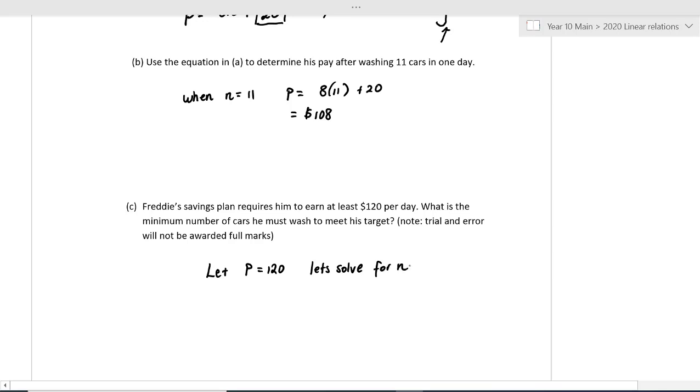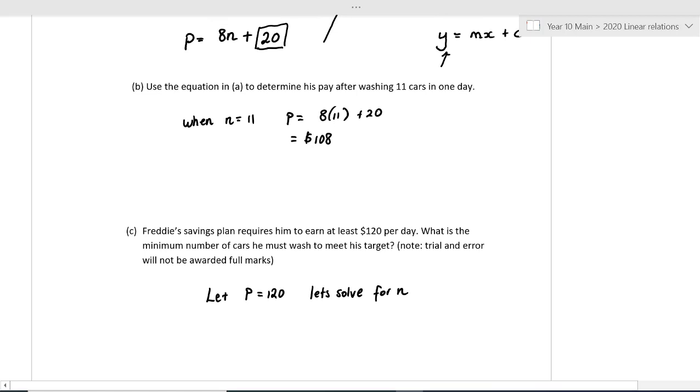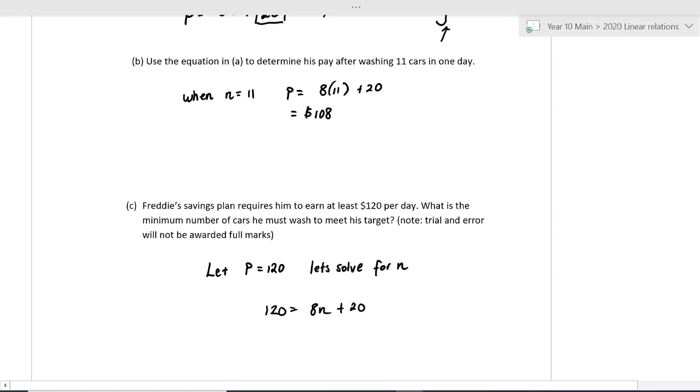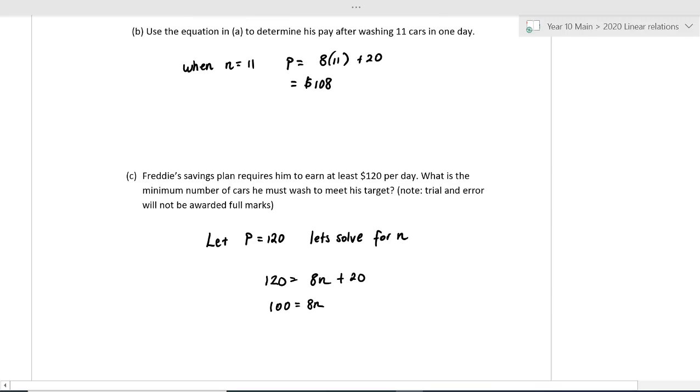If I throw that into my equation from A, we've got 120 is equal to 8n plus 20. If I subtract 20 from both sides, we've got 100 is equal to 8n. And if I divide both sides by 8, we're looking at n is equal to 100 divided by 8.